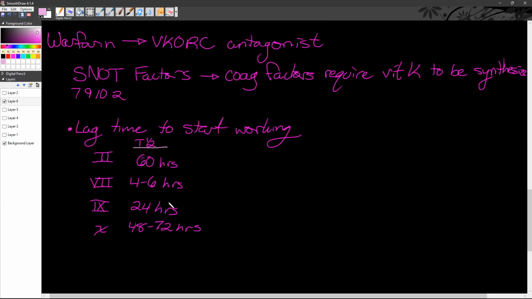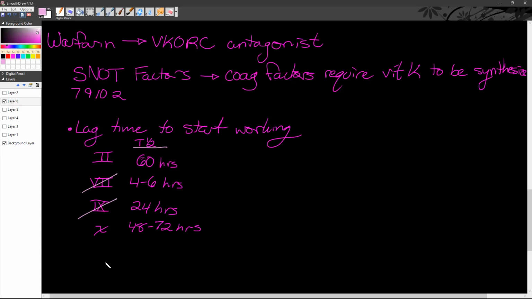What I mean is that if you gave someone warfarin on day 1 and then measured their INR the next day, you would see that it hasn't moved at all. And the reason for that is that after about a day, you've only gotten rid of 2 of the factors. You still have factor 2 and factor 10 hanging around.